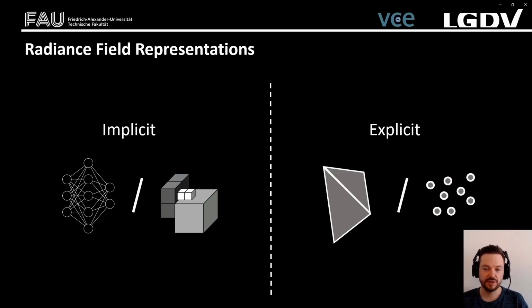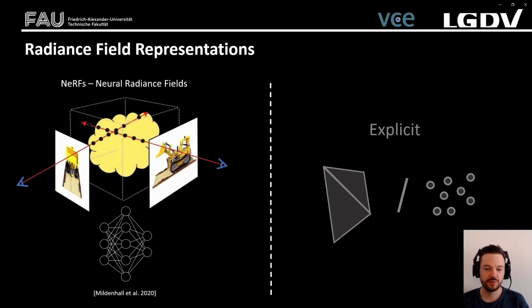For implicit models, the most well-known one is NeRF, where you abstract the scene into a volume and abstract that volume into an MLP, and rendering is done via ray marching, where you have to step through the whole volume and accumulate your samples. That, of course, is a bit slow, so for VR rendering, that's not perfect.